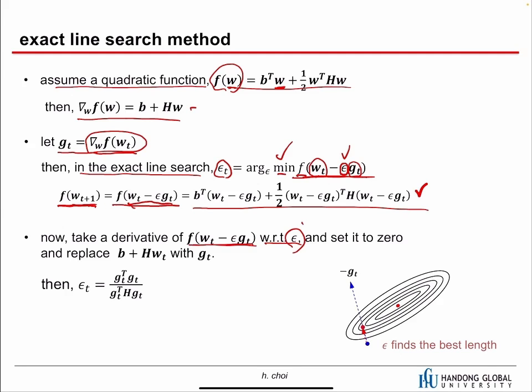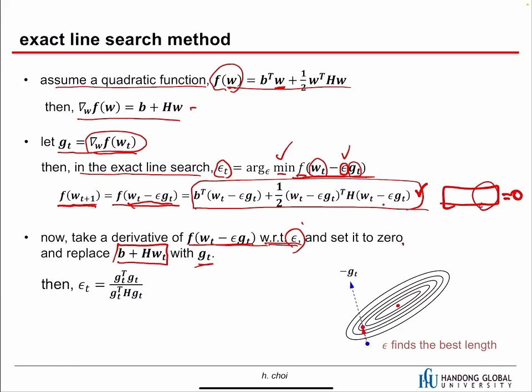When we take the derivative of this function with respect to epsilon and set it to 0, and then replace b plus H times w_t with g_t, you can do it by yourself. It's not that complicated. Take the derivative with respect to epsilon, and then you will have some equation, set it to 0.